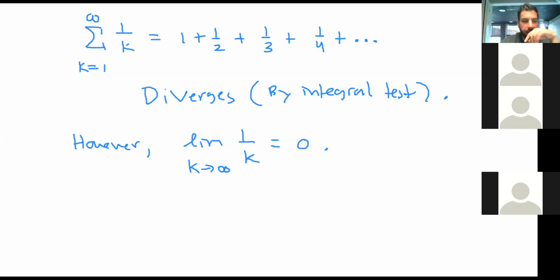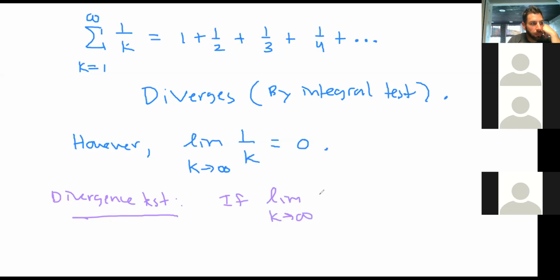The divergence test says, and maybe I'll write this down to help, or maybe confuse, the divergence test says if you take the limit of the terms, and if this thing is not 0, then automatically the series diverges.